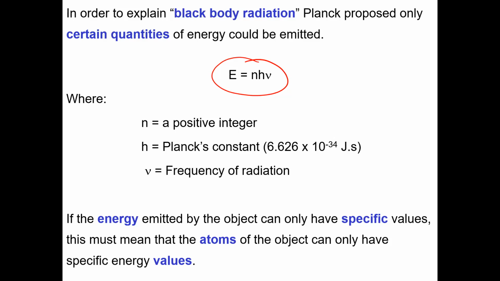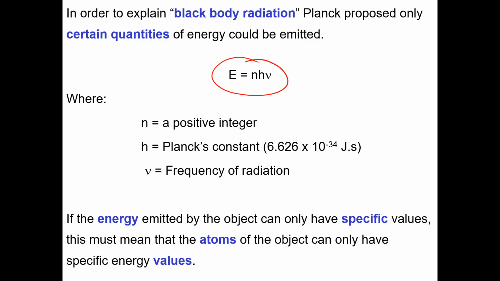So the energy that could be emitted had to be a multiple of nhν, where n was a positive integer, h is Planck's constant, 6.626 by 10 to the minus 34 joule seconds, and ν is the frequency of radiation.